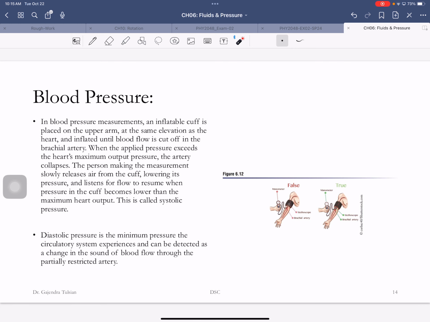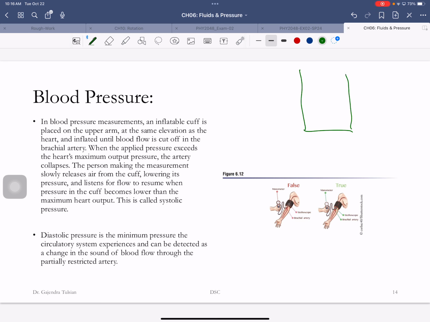All right, so now let's come to blood pressure measurements. What you want to do is measure the pressure of the blood that's coming out of the heart. Again, what is 1 atmospheric pressure? It's the weight of the column of air all the way to space.